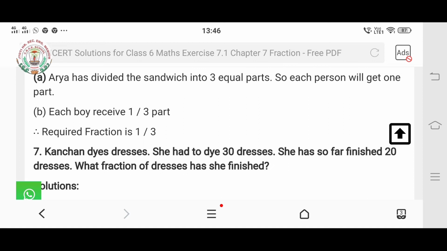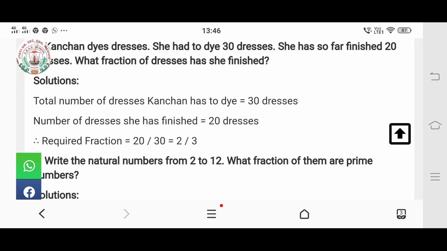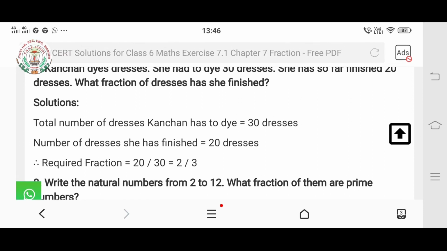So how many dresses has she already finished? That is 20 dresses. Out of how many total? Total 30 dresses. So what will be the fraction? 20 out of 30. So the solution will be in a simple way. You have to write: total number of dresses Kanchan has to dye is 30.